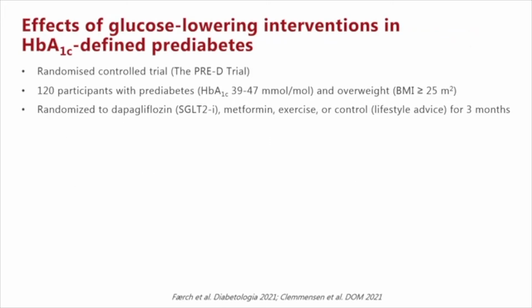We then did a study a couple of years ago in people with prediabetes defined by having slightly elevated HbA1c levels. And they were randomized to 3 different glucose-lowering interventions. So this was dapagliflozin, which is an SGLT2 inhibitor, metformin, and exercise, and then we had a control group. And all participants had prediabetes based on HbA1c, and they were also overweight or obese.